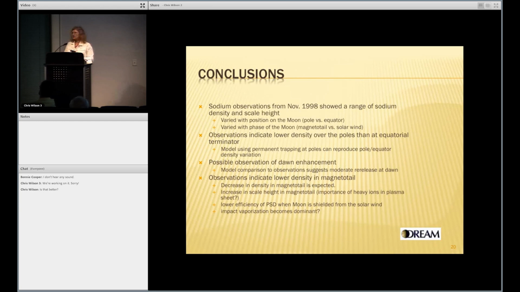That's one possible explanation. You also, if the moon goes through the plasma sheet, then you would get sputtering, and sputtering from heavy ions, which are in the plasma sheet, is more efficient than sputtering from the protons in the solar wind.